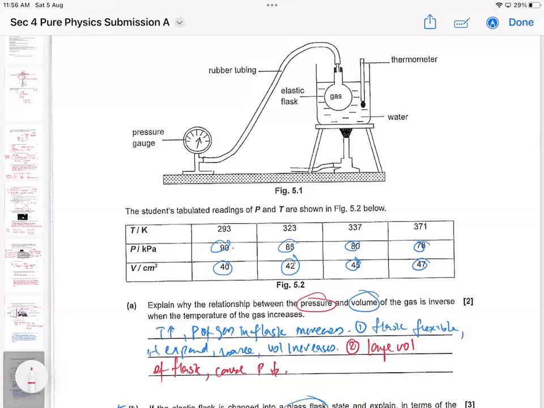Due to the larger volume, the frequency of collision decreases and all those things. So when it starts to expand, the pressure will keep falling.